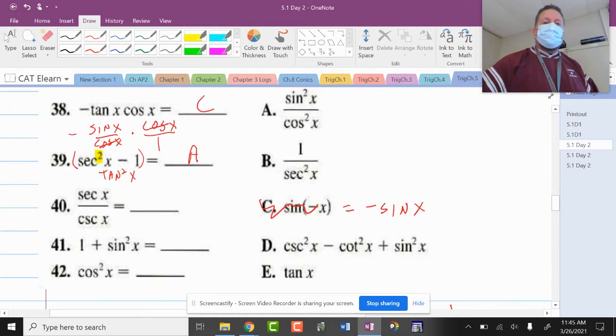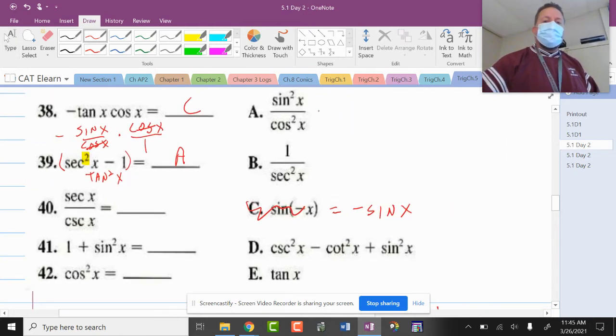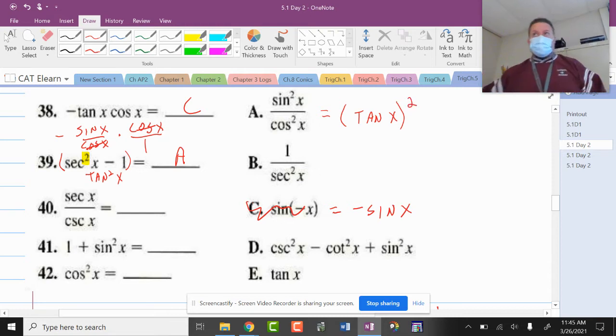I remember a student back in the day, maybe not too long ago, was confused. They're like, wait a minute, tan squared equals both sine and cosine being squared over each other. I remember that being an issue with quite a few of them after I covered it. So I'm just going to write this real quick. Tan squared is equal to tan of x squared, right? That's what it means, and that's how you evaluate.